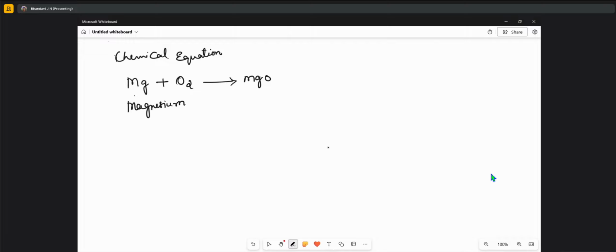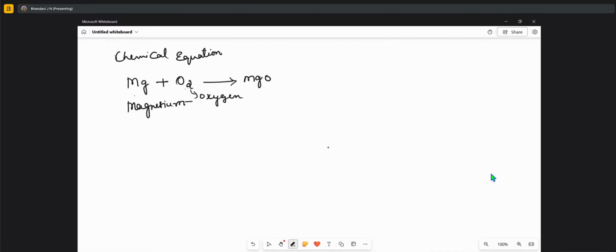For example, in a chemical equation, magnesium combines with oxygen to form magnesium oxide. This is magnesium, so the symbol of magnesium is Mg, and this is oxygen.